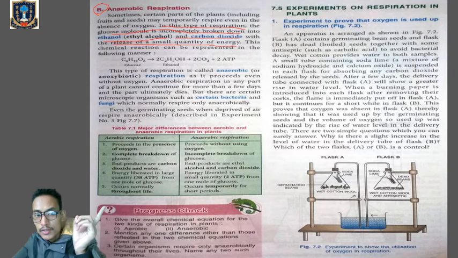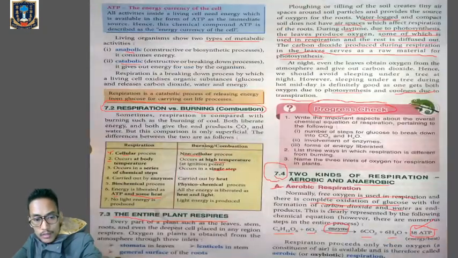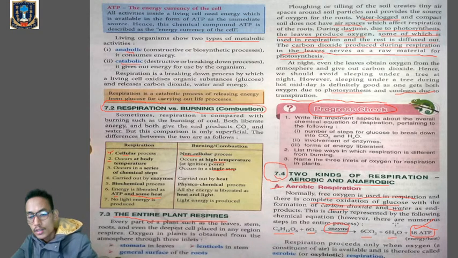In case of aerobic respiration, if you remember, the end products used to be carbon dioxide, water, and 38 molecules of ATP. A huge amount of energy is produced after the oxidation of one molecule of glucose.